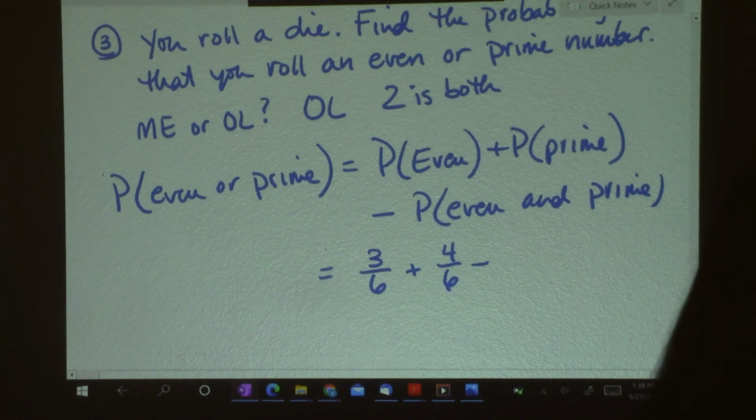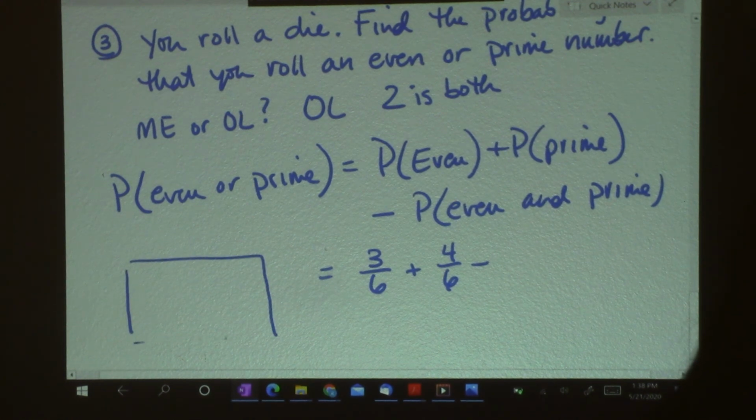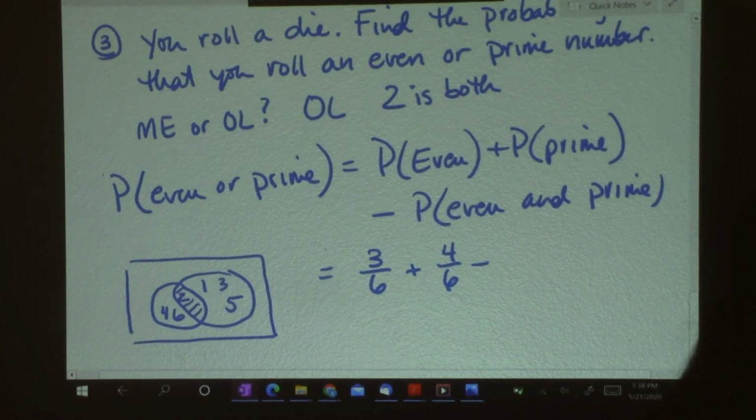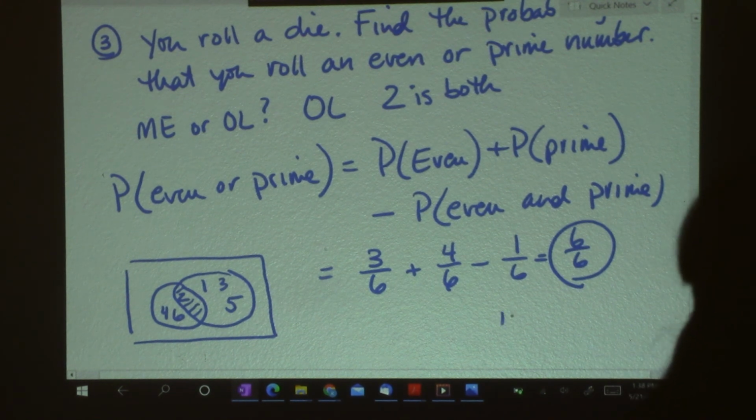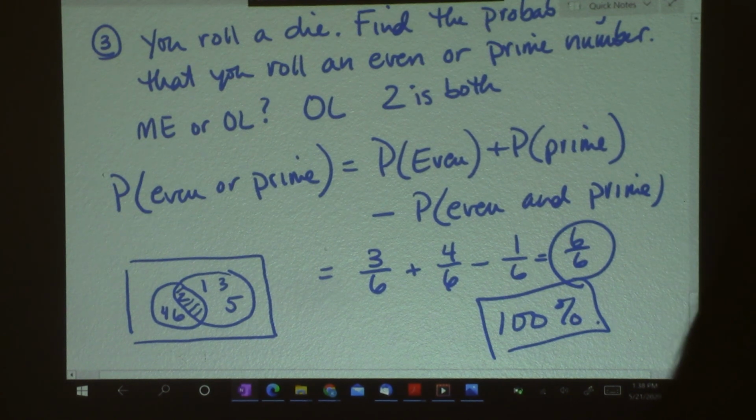I have to subtract where they overlap, which is what place do they overlap? If I have even 2, 4, 6, and I have prime, do you see I'm going to subtract what they share, so I don't count it twice. So it's just one number. So I have a 100% chance of rolling even or prime.